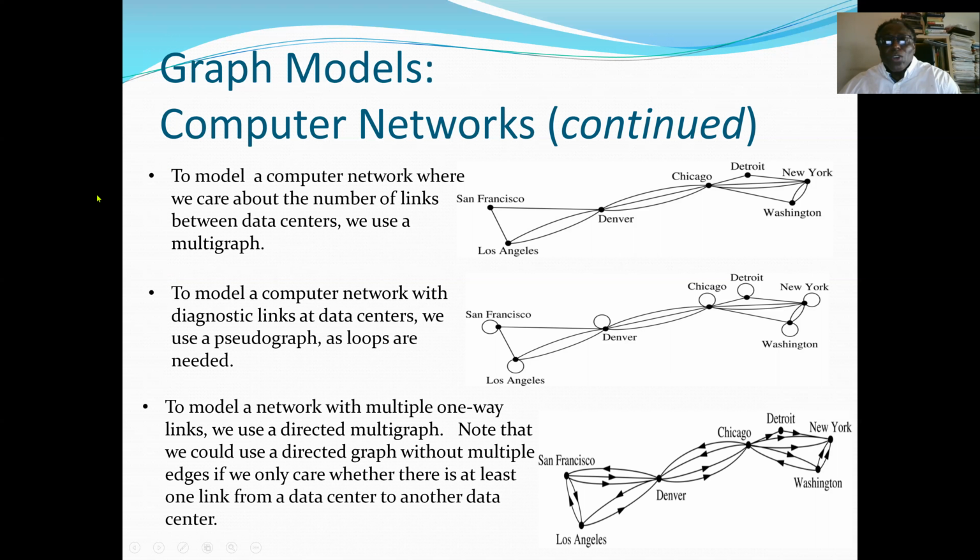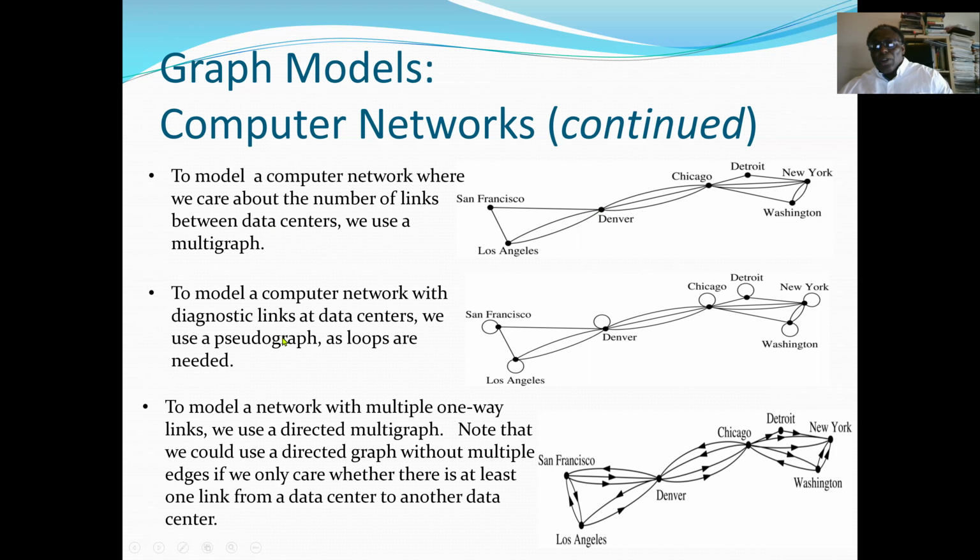We continue with the computer network models. To model a computer network where we care about the number of links between the data centers, we're going to use the multigraph. Here we can see that from Los Angeles we have two connections to Denver, and from Denver to Chicago we also have multiple connections, actually three.